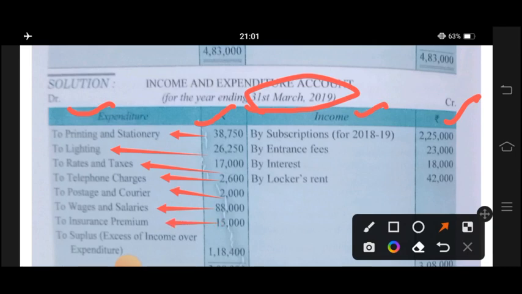But when we talk about the income side, or the credit side, of income and expenditure, only the value of subscription, the value of entrance fees, the value of interest, and one more value that has not been mentioned in the above illustration, that is the locker's rent. All these items will be credited in the income and expenditure account as per the rule of nominal account.